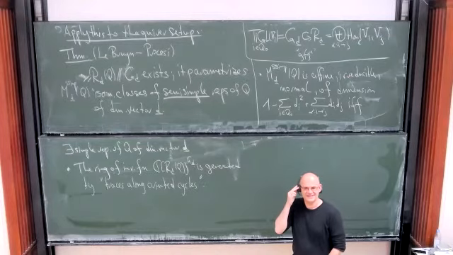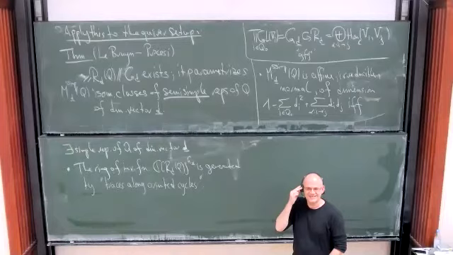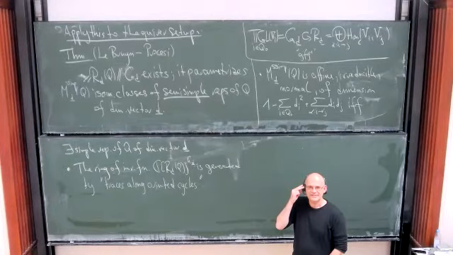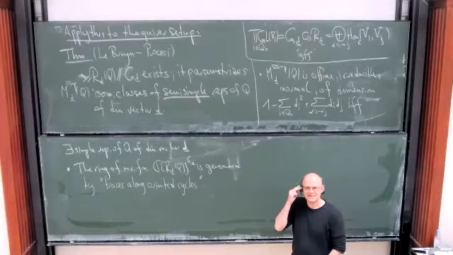There is one question in chat. The question asks, can you say a bit more on the case when there are no simple representations? I could write down a formula for the dimension, maybe.